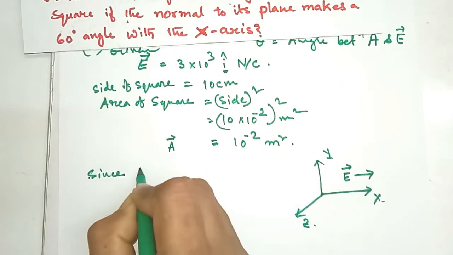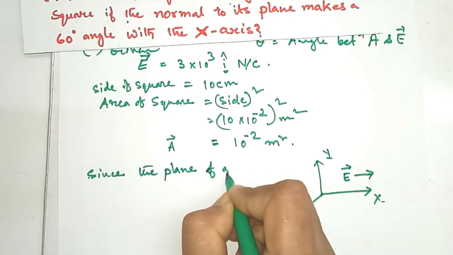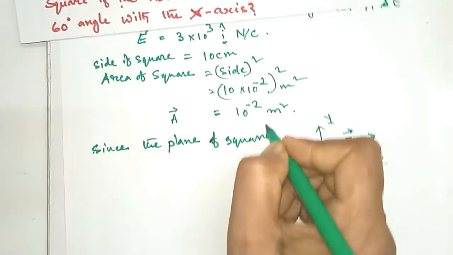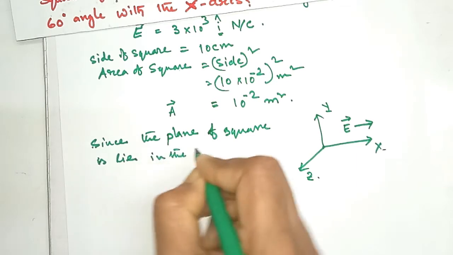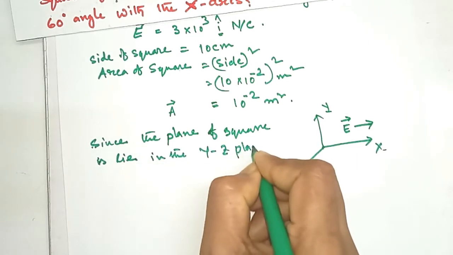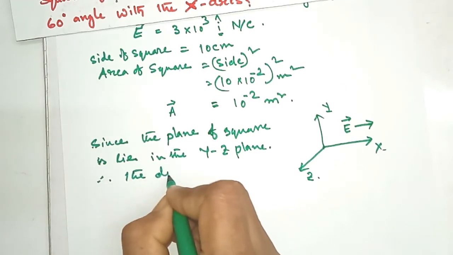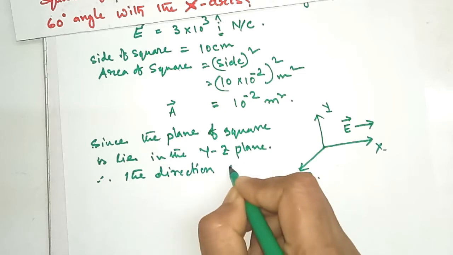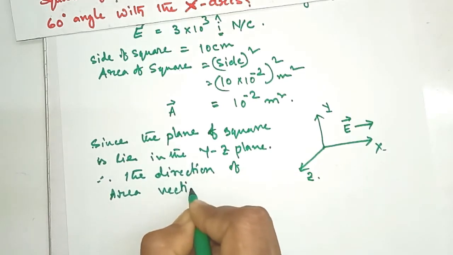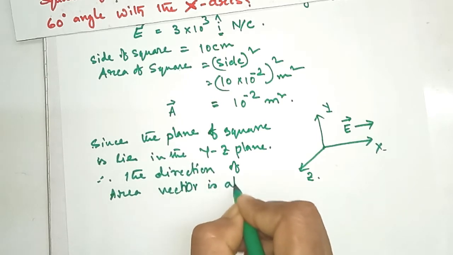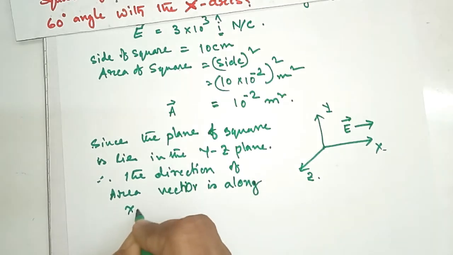Since the plane of the square lies in the YZ plane, therefore the direction of area vector is along x-axis.